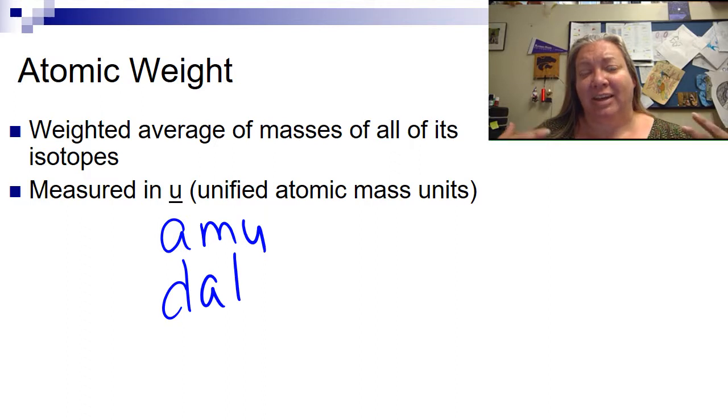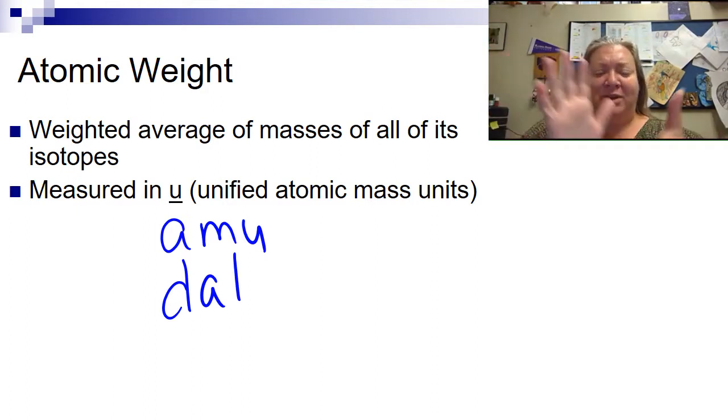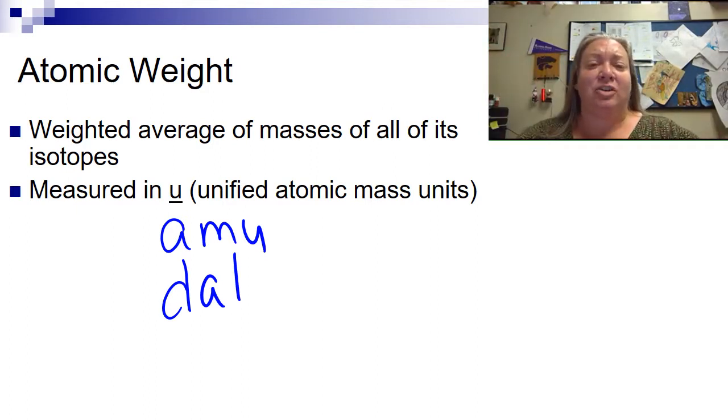Well, average height. Now you've learned a long time ago, average. You take the numbers, you add them together, and you divide by the number of samples. So some people will say, okay, I'm going to take that 6 foot and that 5 foot, add them together, and divide by 2. It's going to give me 5.5 feet. But that's not a true reflection of the distribution of that class. Most of the students are closer to 6 foot.